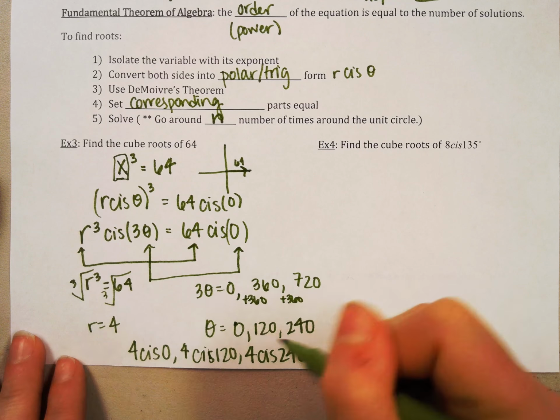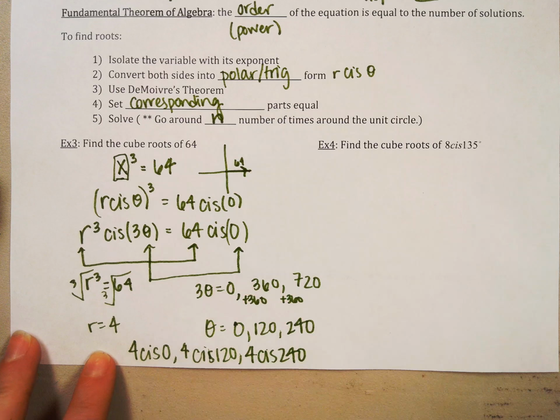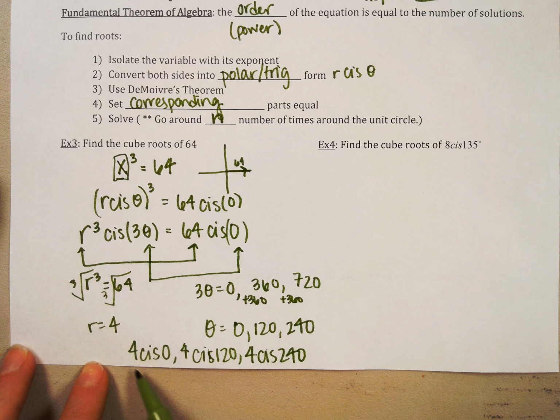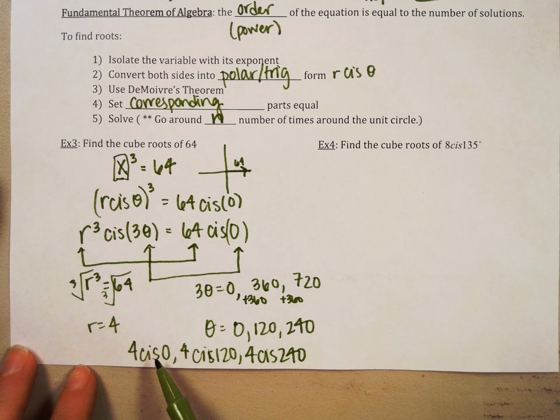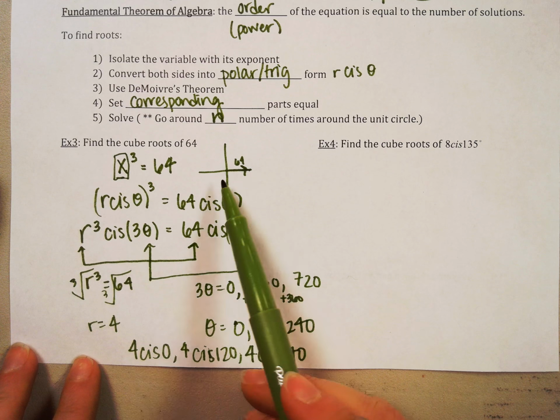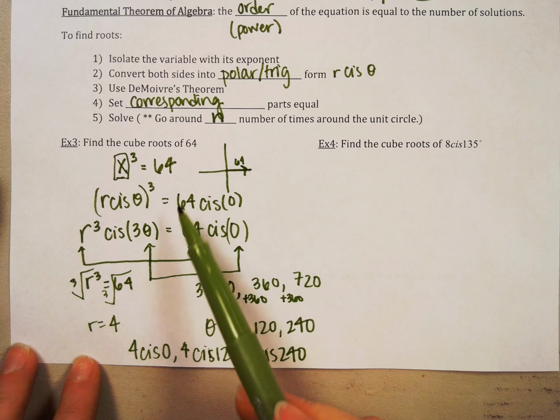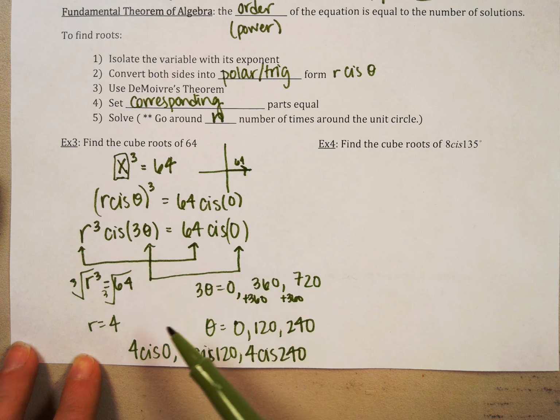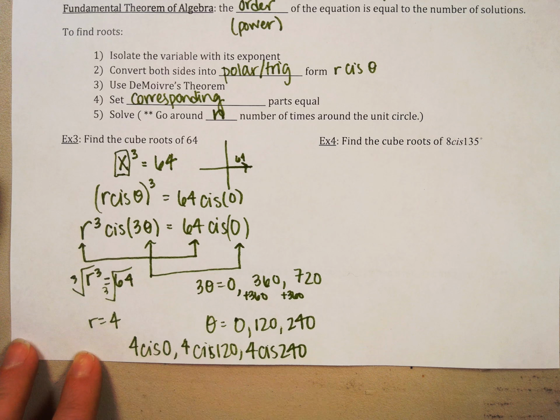So we have 3 solutions for the cubed root, the order of the power that we're dealing with. Now this one is the real number, because that would be on the x-axis with that magnitude, just like 64 was 64 cis 0. That's our real solution, and then these two are the imaginary solutions that come from finding the cubed root, so we actually do have 3 answers to our original question.